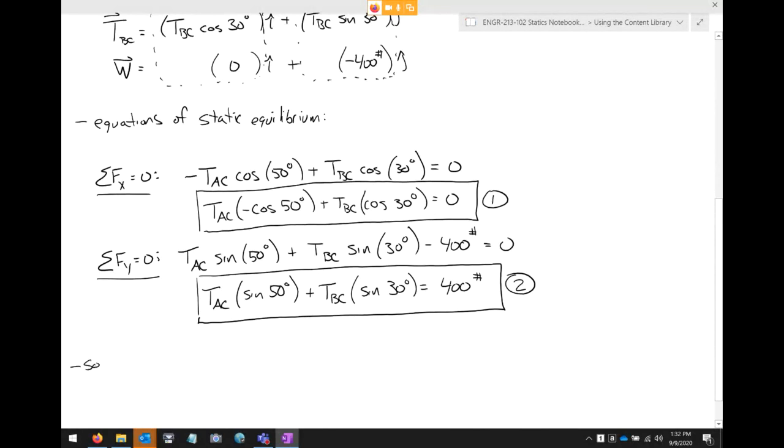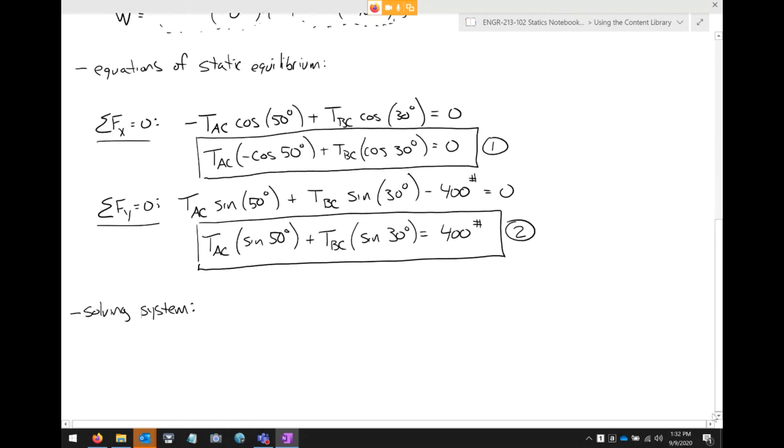I'm going to write this part down here. All right. Okay, so let's look at these equations. I've got TAC times negative cosine 50 degrees.